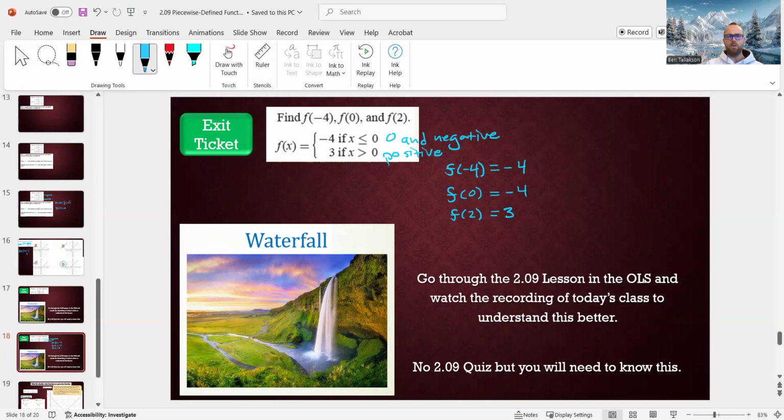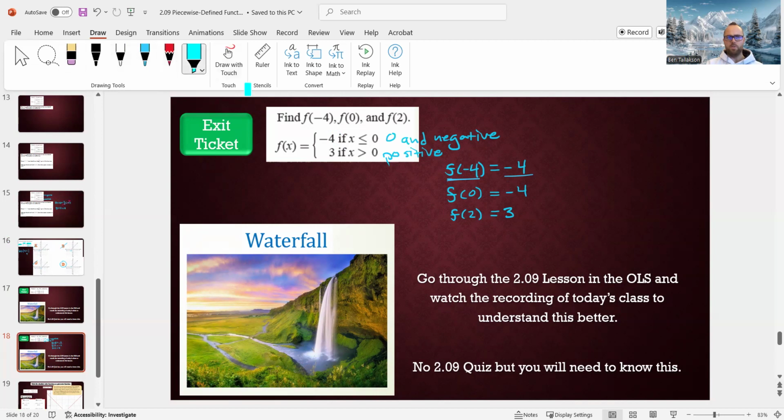Plug in -4. Well, -4 is less than or equal to 0, right? Negative numbers. So f of -4, well, that's just equal to what it is, right? -4. And what about f of 0?